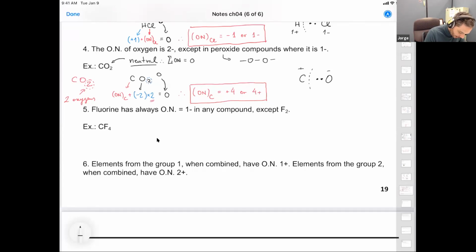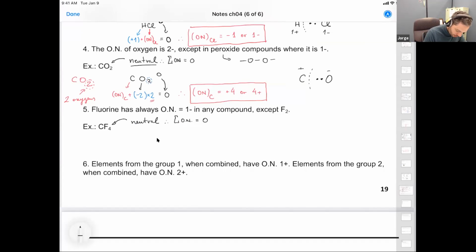So let's write all this information. So there is no charge for the compound, meaning this is a neutral compound. Therefore, the sum of all the oxidation numbers for all the atoms is 0.